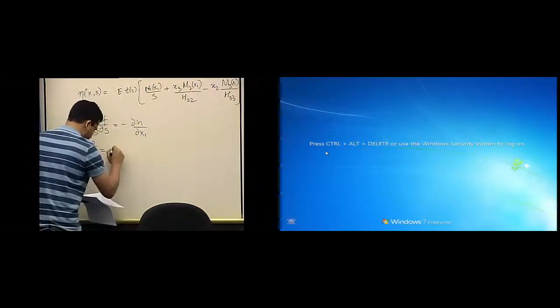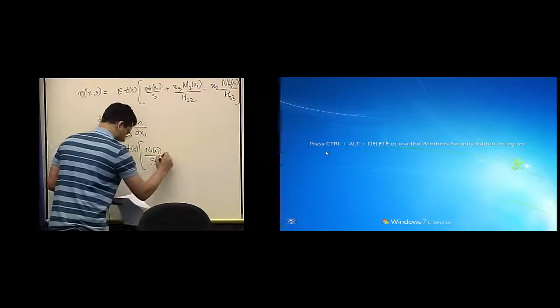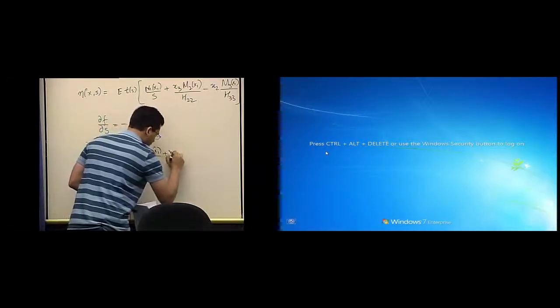So the differential of shear flow with respect to the x coordinate becomes minus E T s times n1 x1 over s plus x3 m2 over h22.